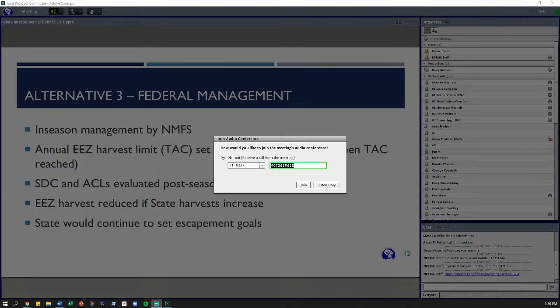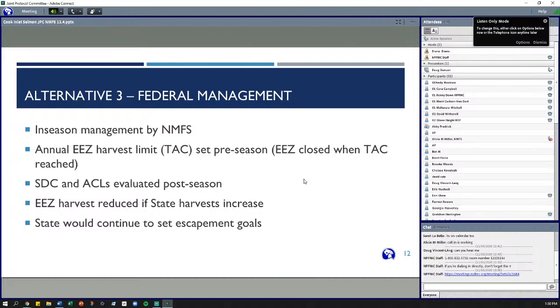One of the significant differences between this and Alternative 2 is that because of the federal noticing requirements and less flexibility to manage under the federal process, with some more intensive requirements, an annual harvest limit or total allowable catch would need to be set pre-season based on the forecasted salmon abundances. So we'd have to set our management numbers pre-season and then close the EEZ to commercial fishing when that TAC was reached or would be exceeded by another opening of the fishery.